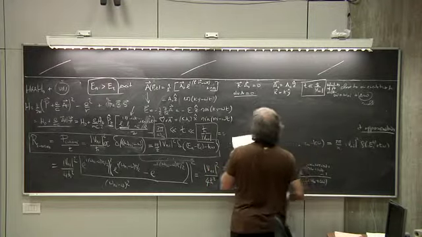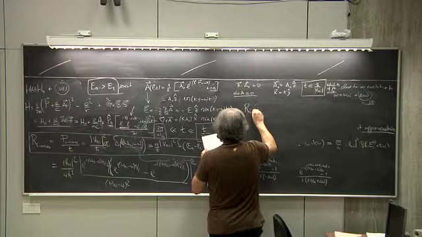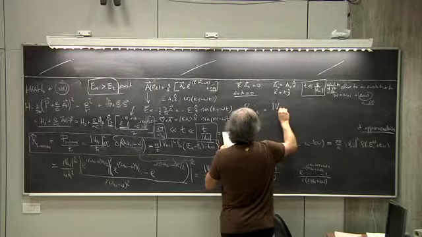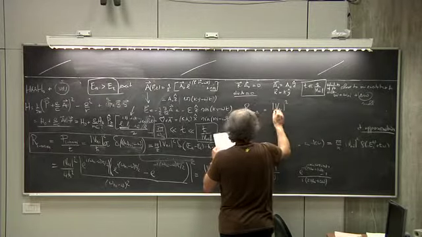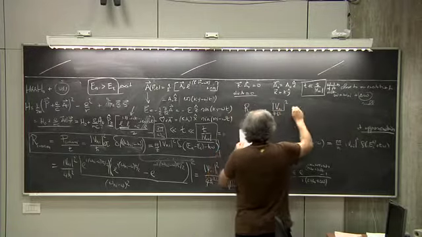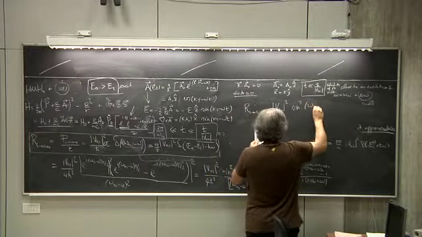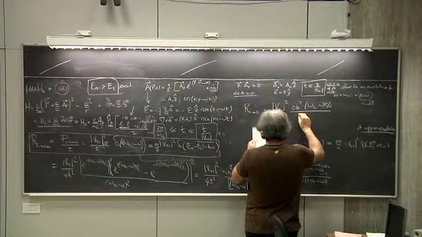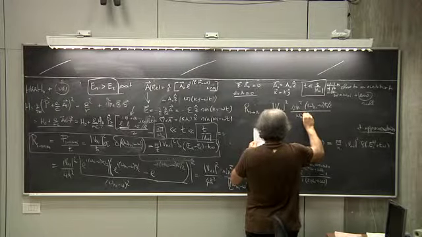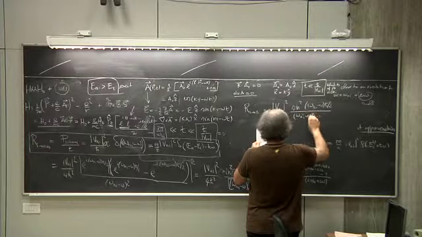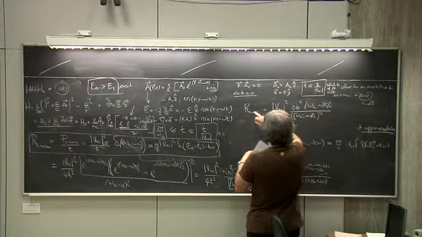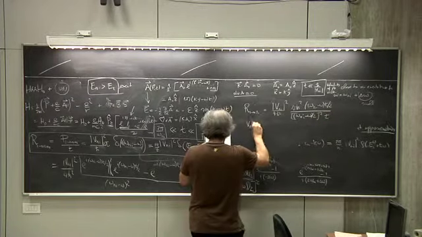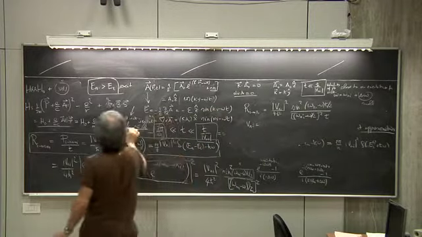So the rate for exciting the system from some initial state i to some final state n will be the modulus square of the matrix element, which I will now tell you what it is, divided by 4 h bar square, the usual sine square of (omega_ni minus omega) t over 2, divided by (omega_ni minus omega) over 2 squared, and since I'm looking at the rate, I put the factor 1 over t there, okay?